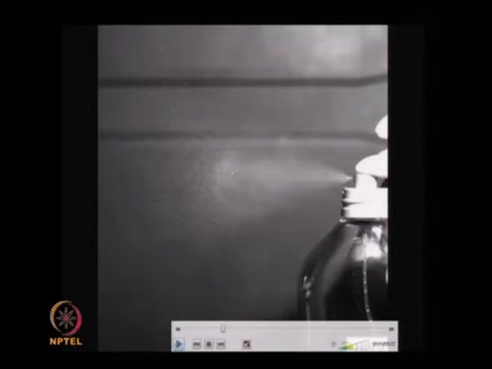You can see that there are drops far downstream, you can actually see the drops, but close to the spray nozzle itself you really do not see individual drops, but again close to the spray nozzle you can understand the idea of a spray angle.